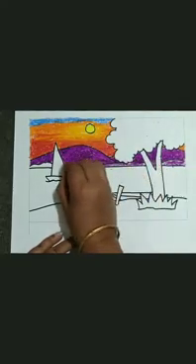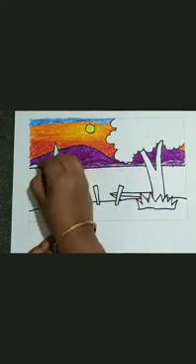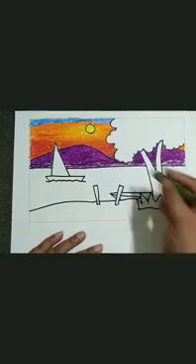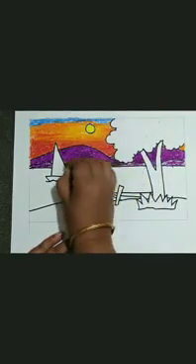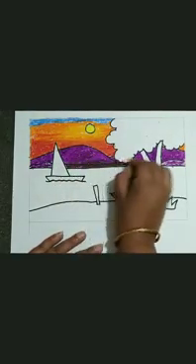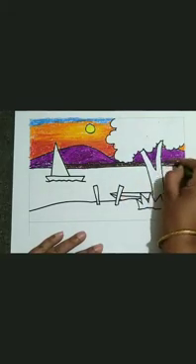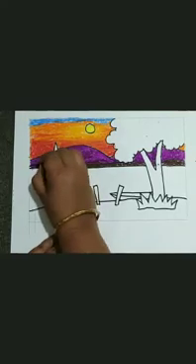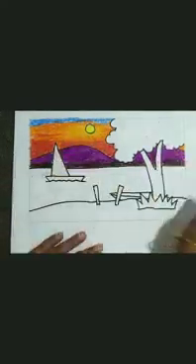Till now we have used only primary and secondary colors. Now you can see, now we are coloring violet first and then green on it. So we are mixing violet and green to make the tertiary color, one of the tertiary colors. Okay.